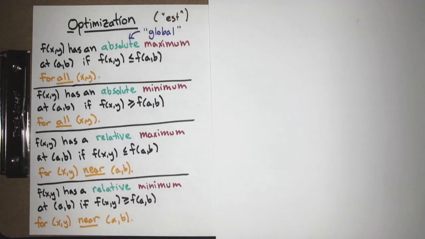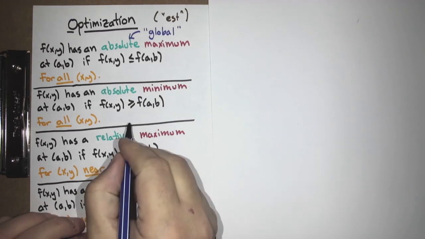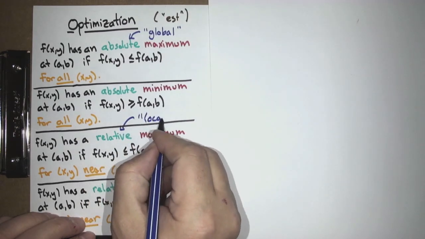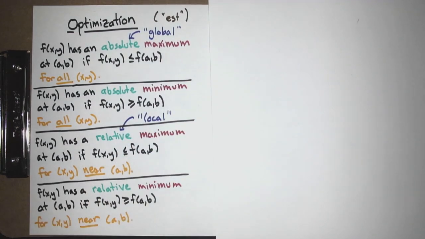Now, we know that only the Sith deal in absolute. So there's another type, which we call relative. Relative can also be called local, and almost always we call these local. A local maximum, or relative maximum, at a point says, I am the largest of the points nearby.